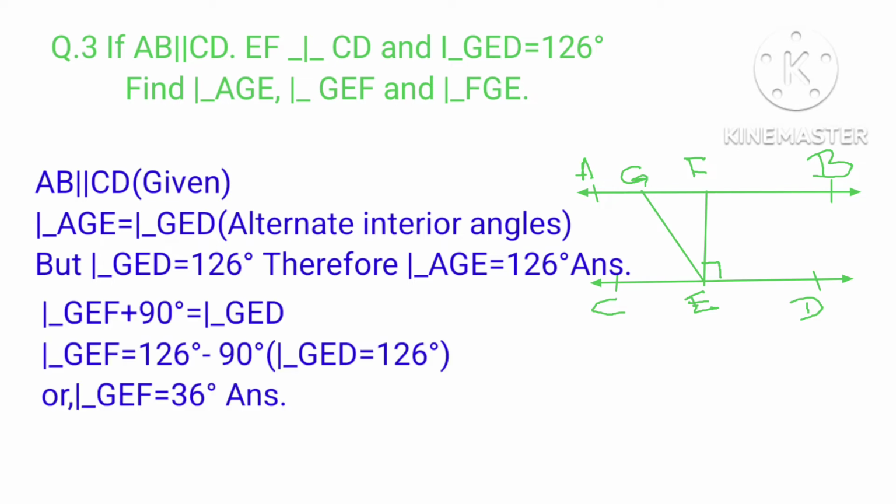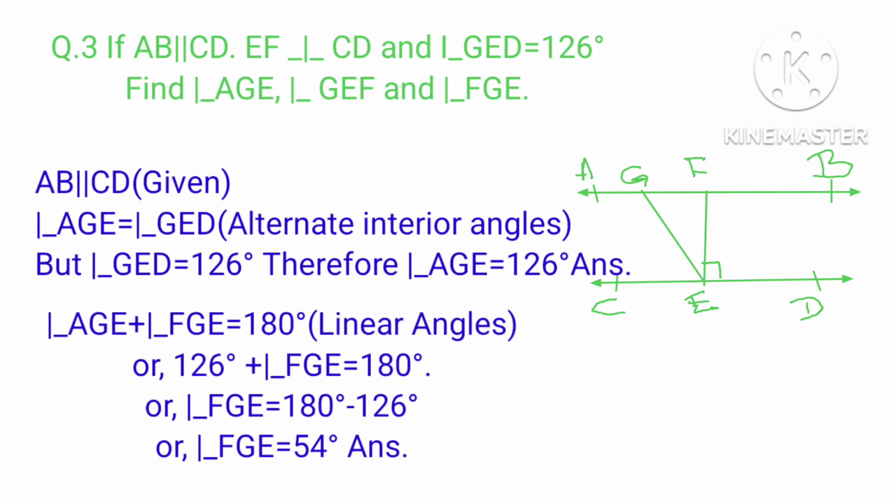Answer. Angle GEF plus 90 degree is equal to angle GED. Angle GEF is equal to 126 degree minus 90 degree, because angle GED is equal to 126 degree given. Or angle GEF is equal to 36 degree. Answer.